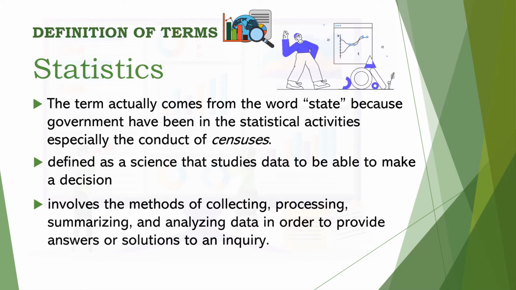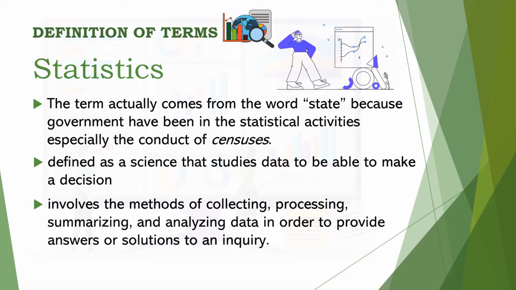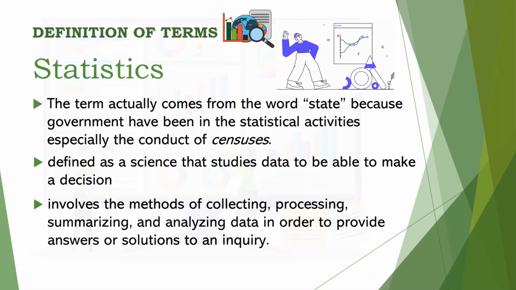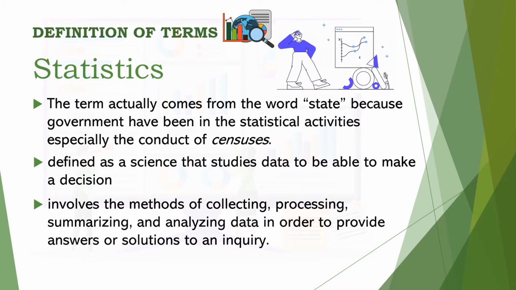It involves the methods of collecting, processing, summarizing, and analyzing data in order to provide answers or solutions to an inquiry. So, kapag sinabing statistics, kung may magagamit man na datos, nakatutulong ito sa kahit sino para makagawa ng mas mahusay at mabuting desisyon. Bukod dito, ginagamit din ito para mabigyang solusyon ang isang problema.